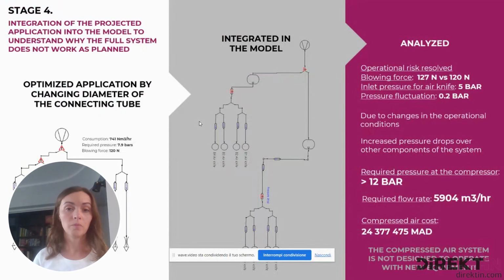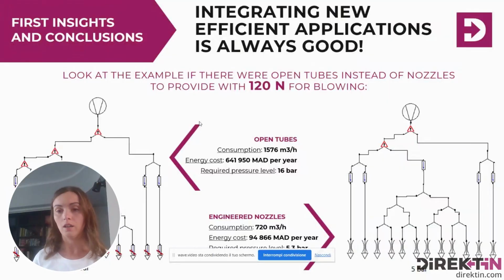So in terms of the components, we had the consumers, and we have the simplified compressor. In this software, you can also calculate the air tanks, the retention time of the air tanks, and choose the size of the air tanks.